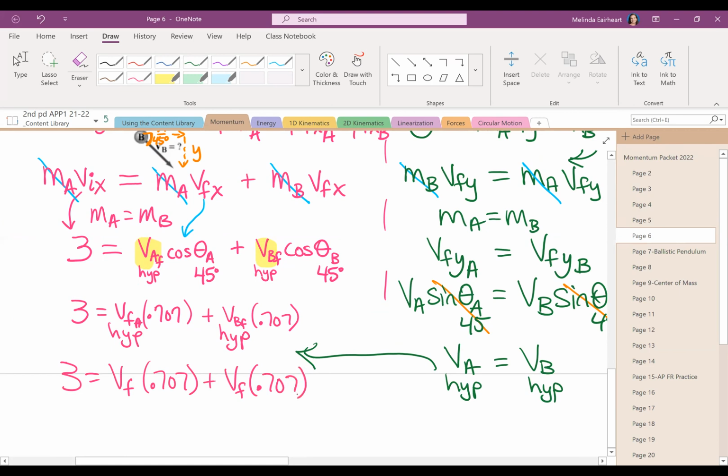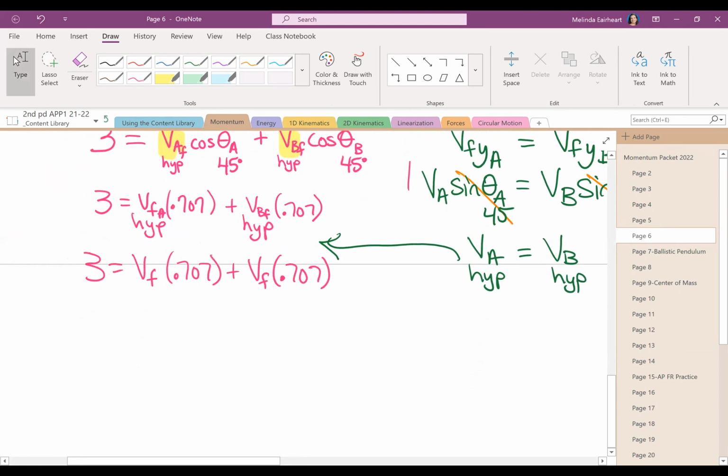Now it's just algebra. What happens next? You can pull it out, but if they're the same variable, combine like terms, right? 2. And so I get 2 VF times 0.707.